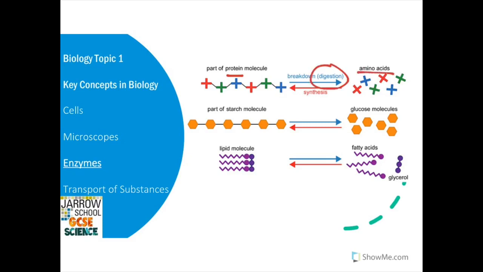into amino acids. Other food groups that we eat are things like starch, which are basically carbohydrates, are also large molecules. So the enzymes that break down starch are called amylase enzymes or carbohydrate enzymes, and again it's the same process.